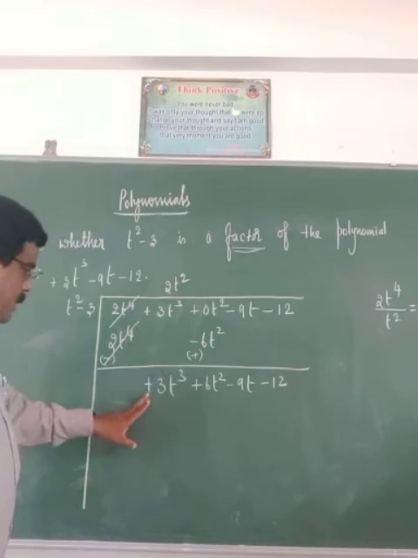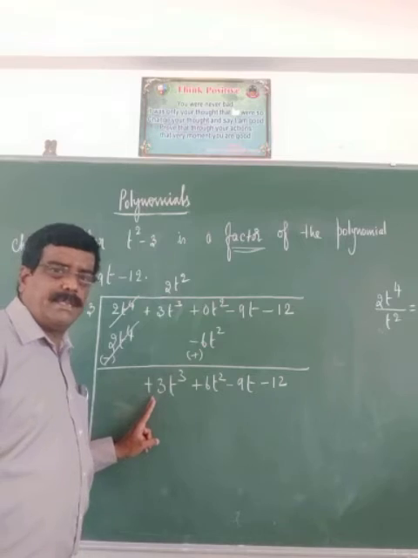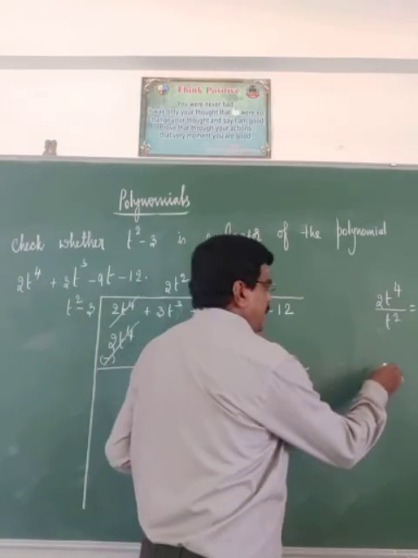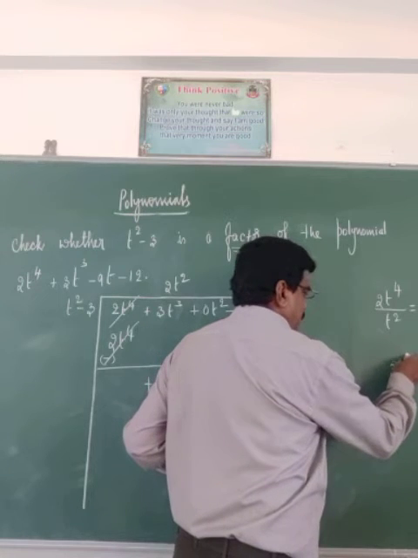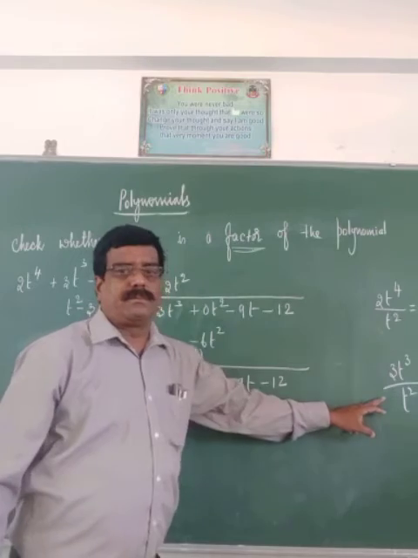Again, what is the procedure, children? Here you have to observe. The first expression here is 3t cube. So take down the 3t cube in the working column, divided by again t square.